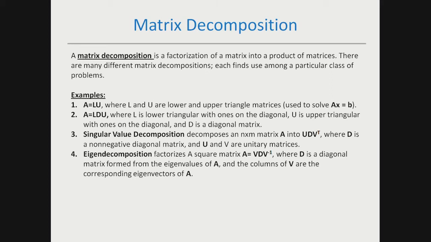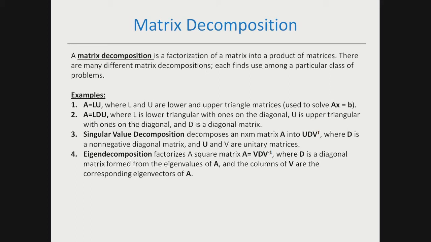Some decompositions work for square matrices, some work for non-square matrices. So let us take the very simple case where we have a matrix A, and we decompose it into two matrices, L, the lower triangle, and U, the upper triangle. That's a very common way. If you decompose the matrix into two matrices, you can solve a linear system.